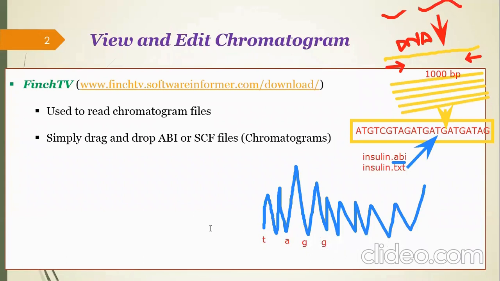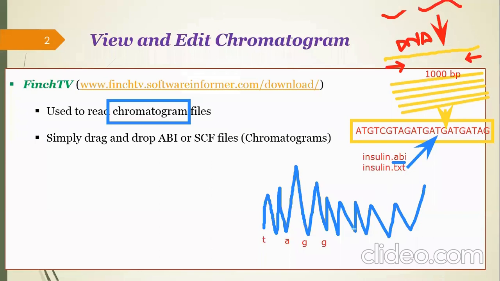This peak file is known as a chromatogram. Now this chromatogram is important to check whether you can rely on this sequence or not. The chromatogram could be either SCF files or ABI files. From this peak file, we can understand whether we can rely on it or not.